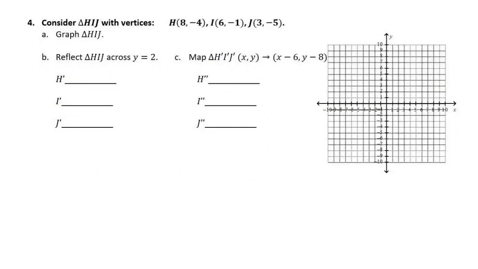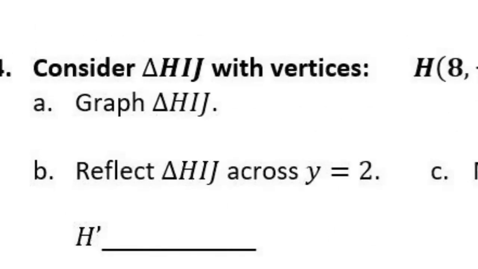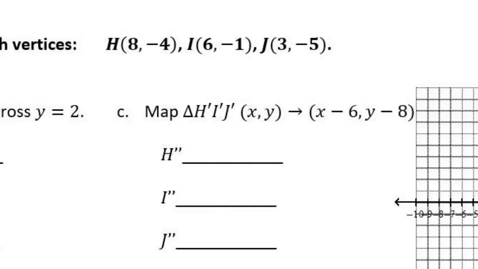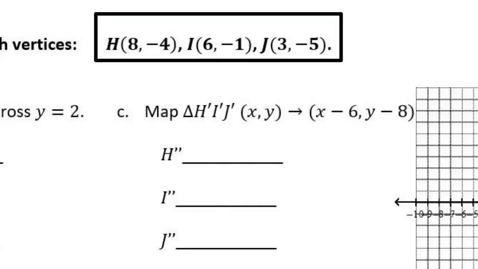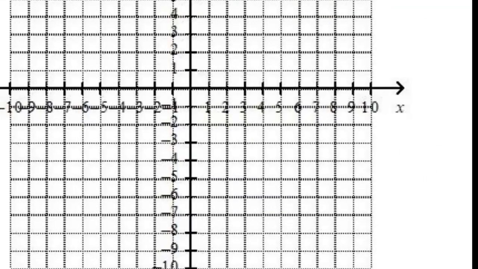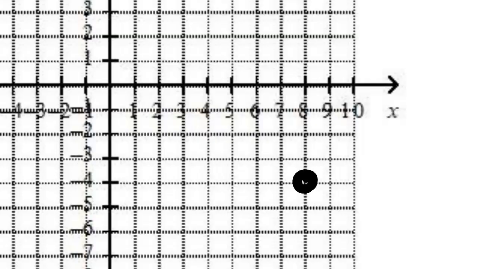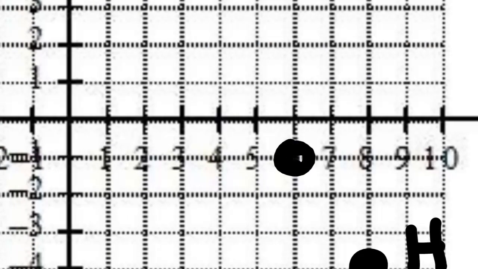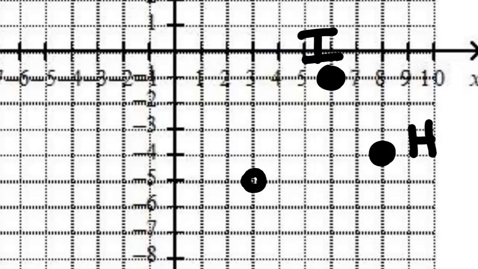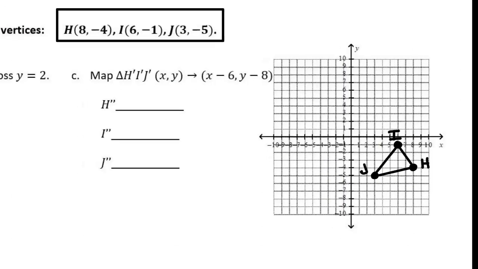Tells me the first thing I need to do is to graph triangle HIJ, and they've given me points for H, for I, and for J up here. 8, -4, right here, so there's my point H. 6, -1, right here, there's my point I. And 3, -5, right here, to get my point J. And then we connect those using our straight edge to get our original triangle.